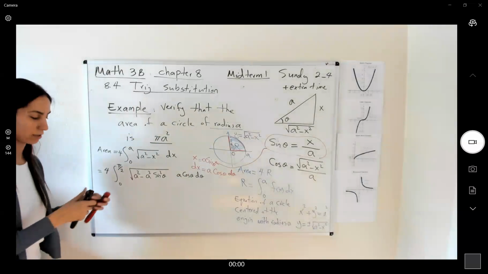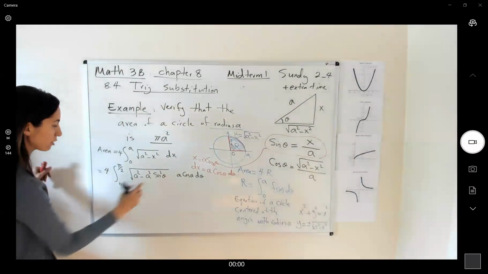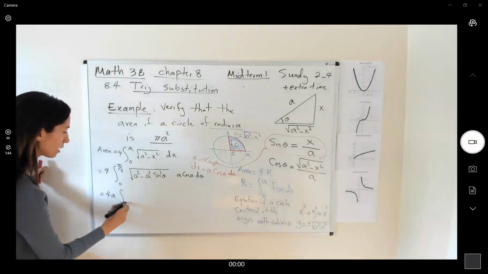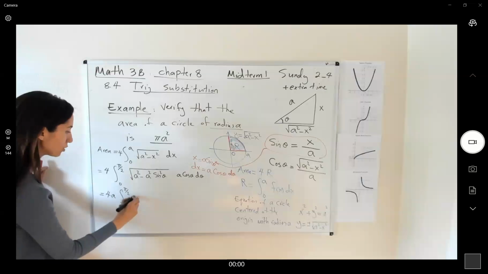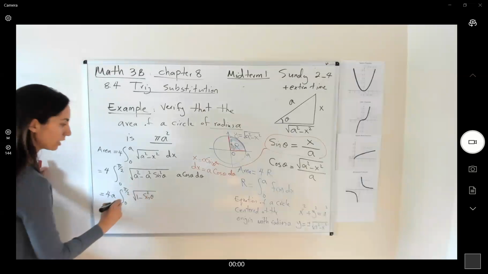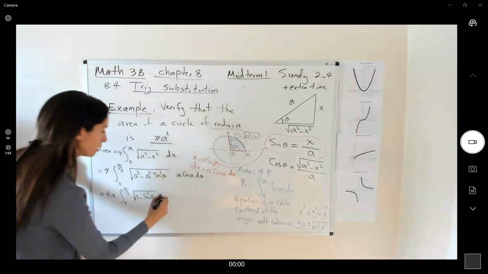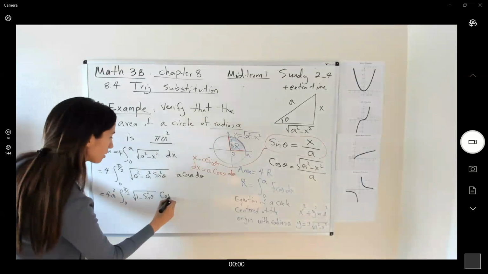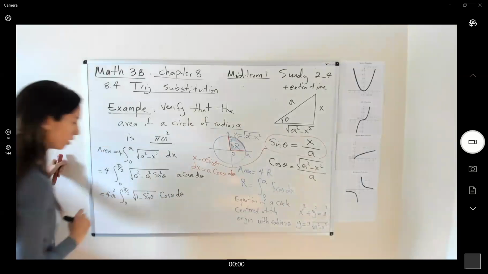The rest is not that hard. Here you can factor out a, you get 4 times a, the integral 0 to pi over 2 square root of 1 minus sine squared theta, which is cosine squared, times cosine theta d theta.